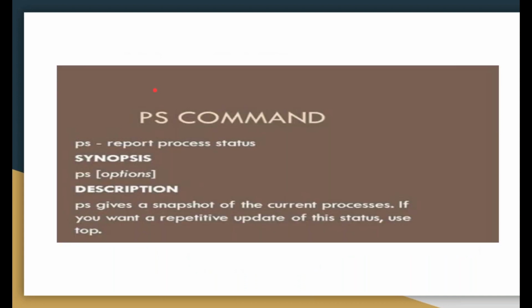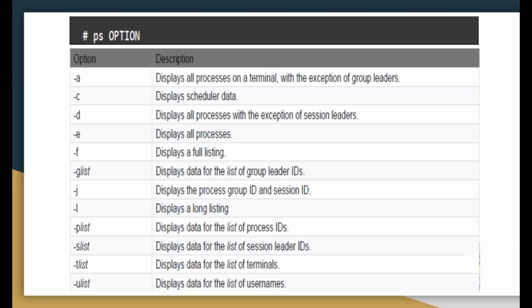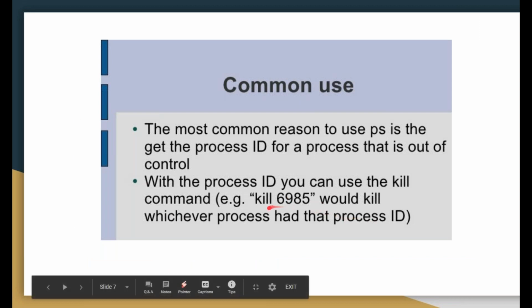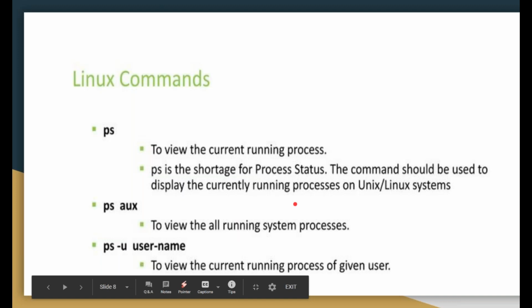Then we discussed the ps command and its options, a, c, d, e, f, the whole list, and how the command runs with various options. Then the kill command to kill any process, kill with the process ID.